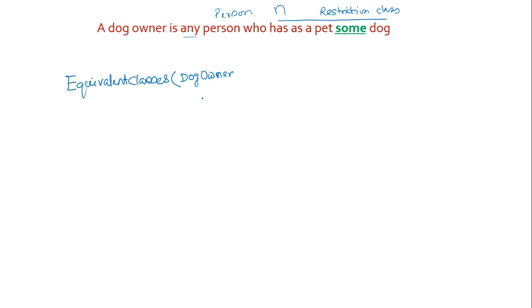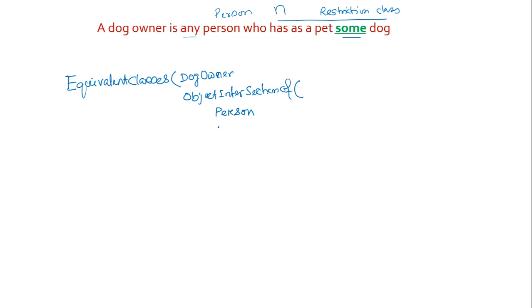So dog owner, object intersection of person and, for the other thing, you will be using some values from restriction.